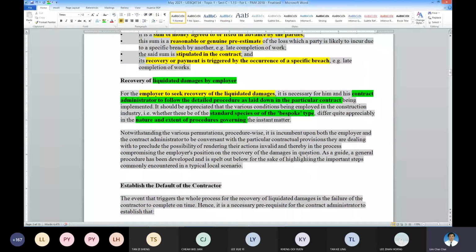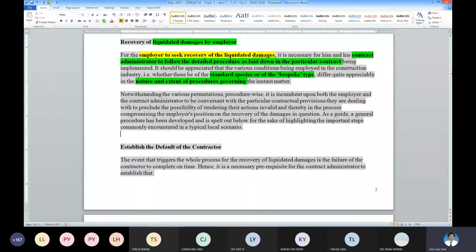It is the employer's right, but for the process to get it done, the contract administrator needs to help out to tidy up the paperwork. If the paperwork is not done correctly, the employer may not recover the liquidated damages, or there may be a delay in recovering the liquidated damages. So we're going to go into detail under our PAM.